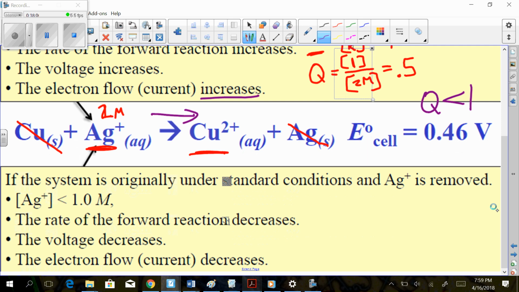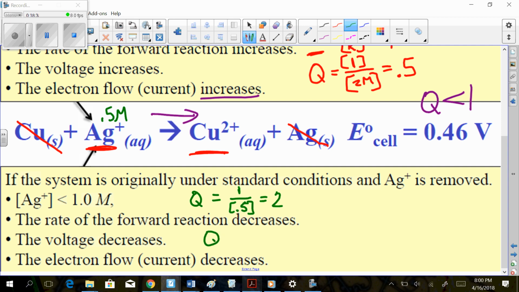Now the opposite is true. If we look at that, if instead for this one, let's say that the silver concentration is less than 1, so you have 0.5 molar over here. And so our Q in that situation is, if we do products over reactants, our product's still at 1, but our reactant is 0.5. So that gives us a Q of 2 now.